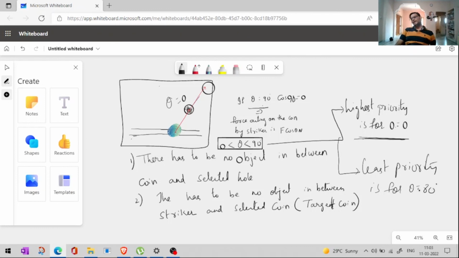Exactly 90 you could also go for, but I always prefer 80, because beyond 80 the F cos theta is so small that the force applied by the striker on the coin is almost negligible, and it is not possible for the coin to move to a hole. So these are the basic conditions which have to be met while designing the CPU. So how to do this? We will discuss it in the next video.